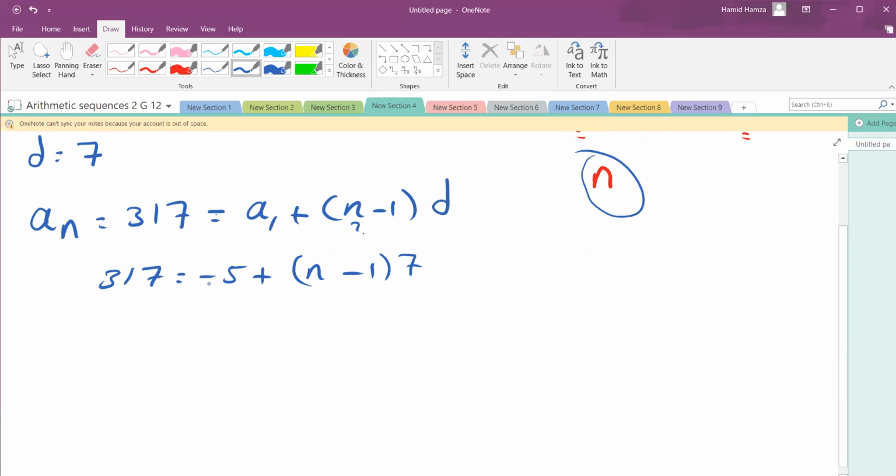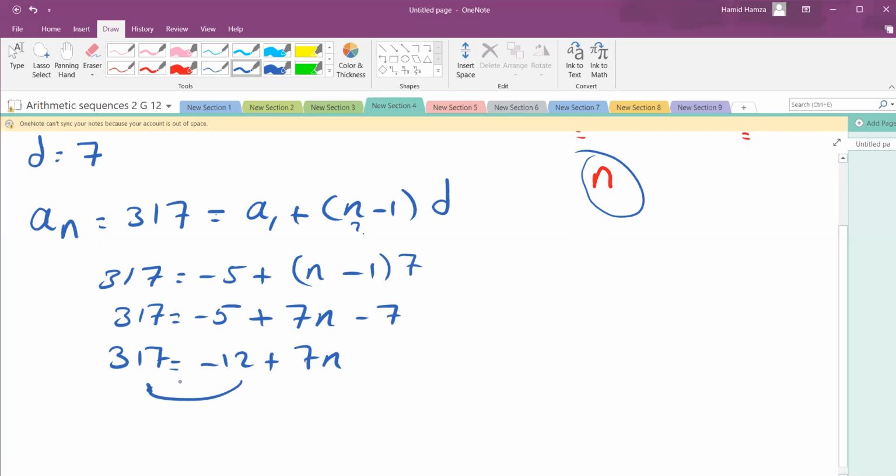So it will be negative 5, 7 by n will be 7n, 7 by 1 negative 7, so negative 12 plus 7n equals 317.